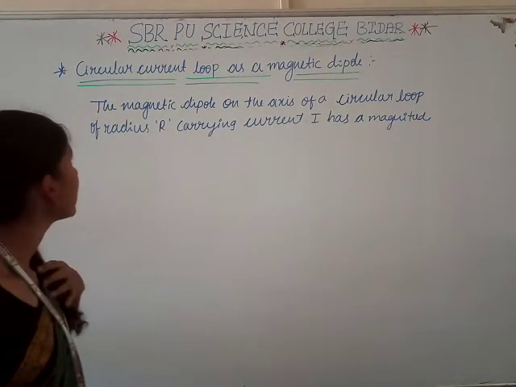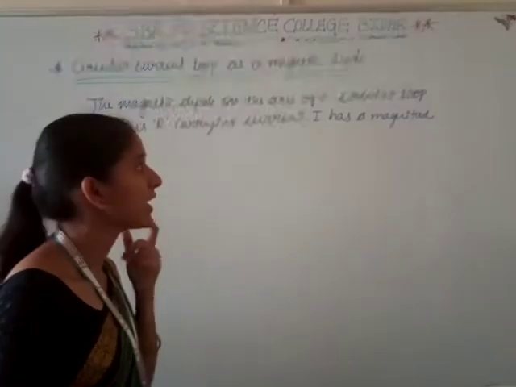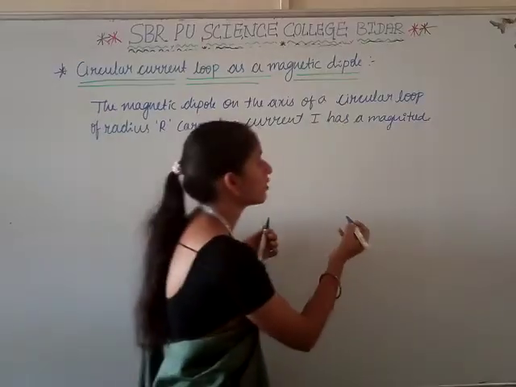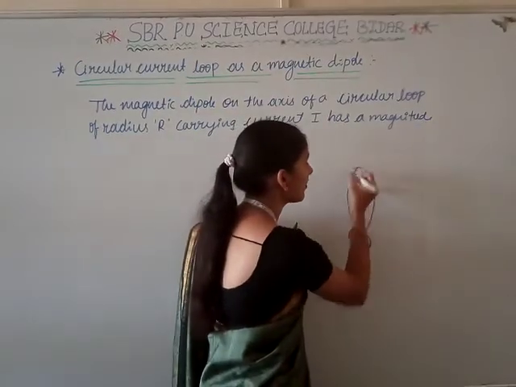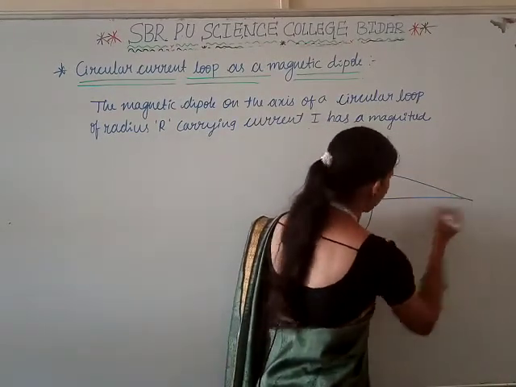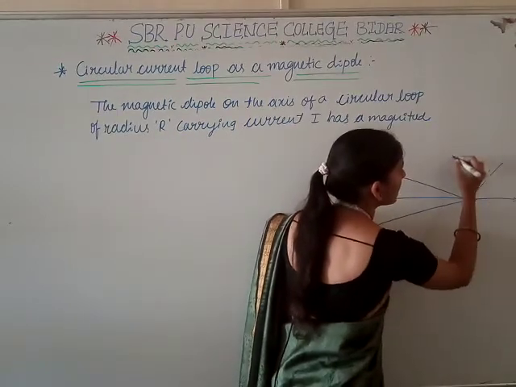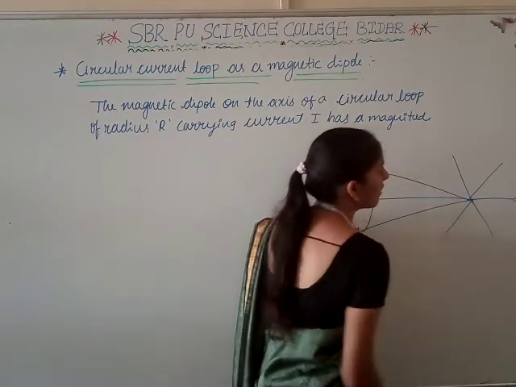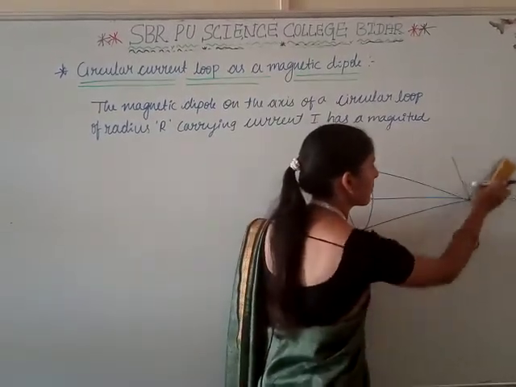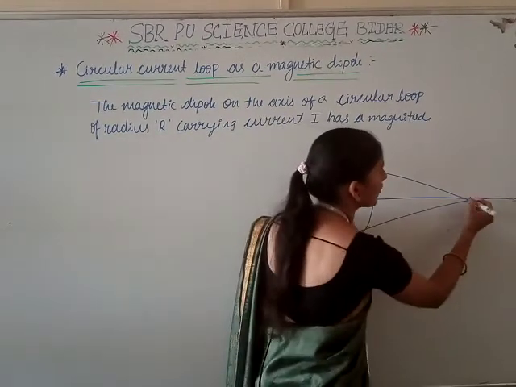Next, we are having a circular current loop as a magnetic dipole. In the previous class we studied the magnetic field on the axis of a circular loop carrying a current I. By using this diagram, we find the magnetic field on the axis of a circular current loop.